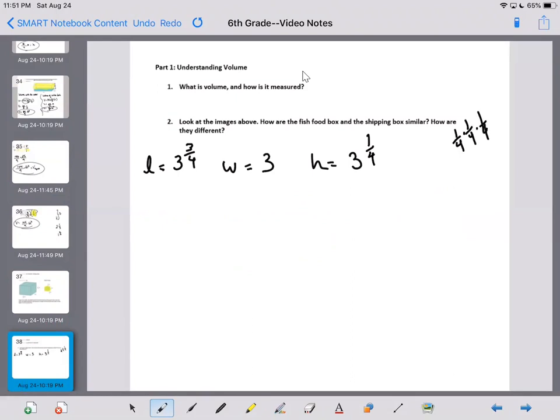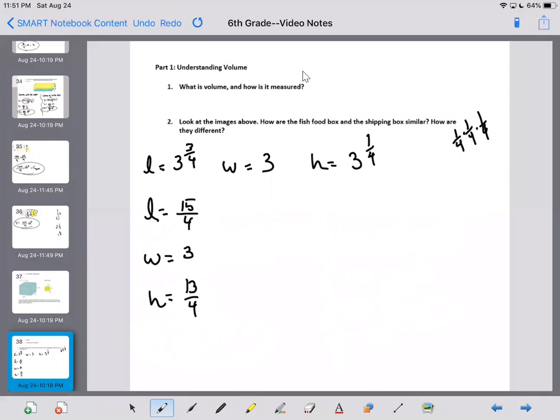All right, since everything in the shipping box has a denominator of 4, at least 2 dimensions, what we're going to do is change the length and the height to how many fourths. So the length would be 15 fourths, the width would stay 3, and the height would be 13 fourths.